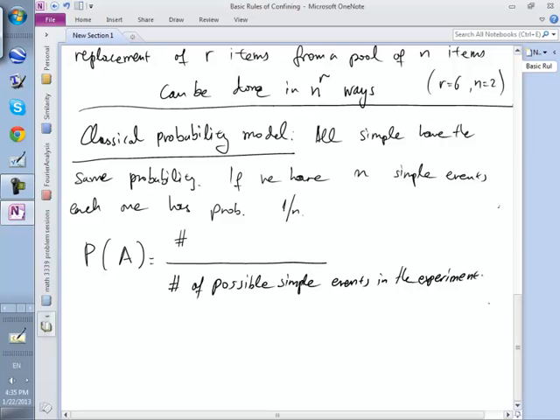The numerator is the number of all favorable simple events.